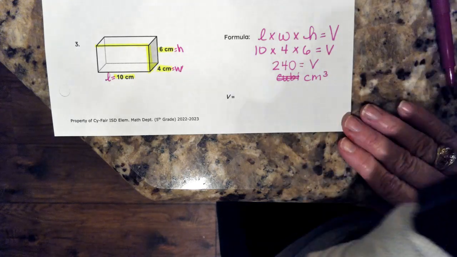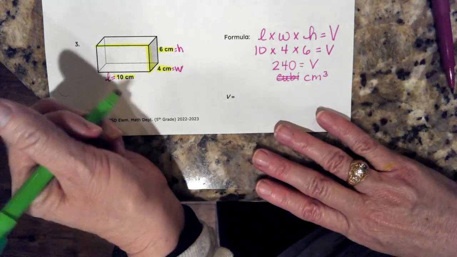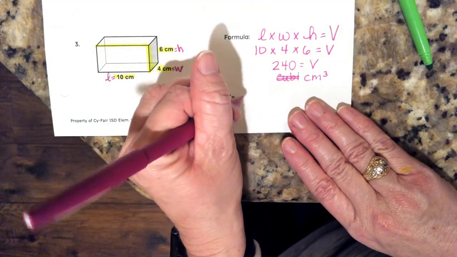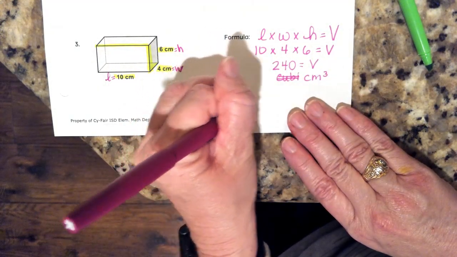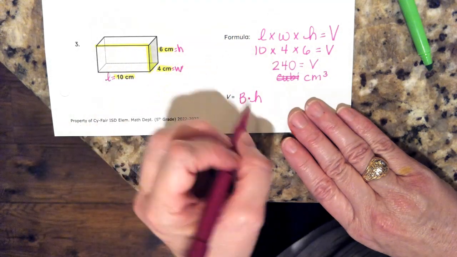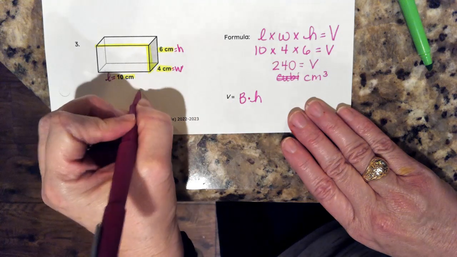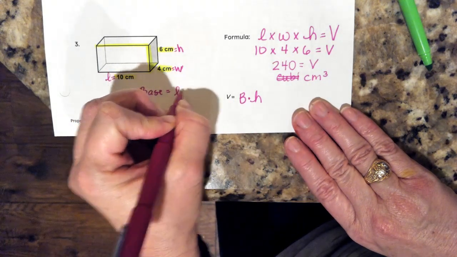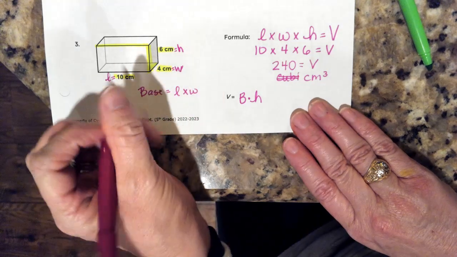So just to check ourselves, I told you that every one of these we would be able to check multiple ways. Let's go ahead and use that formula, base times height. And so remember, the area of the base is the length and the width already multiplied.